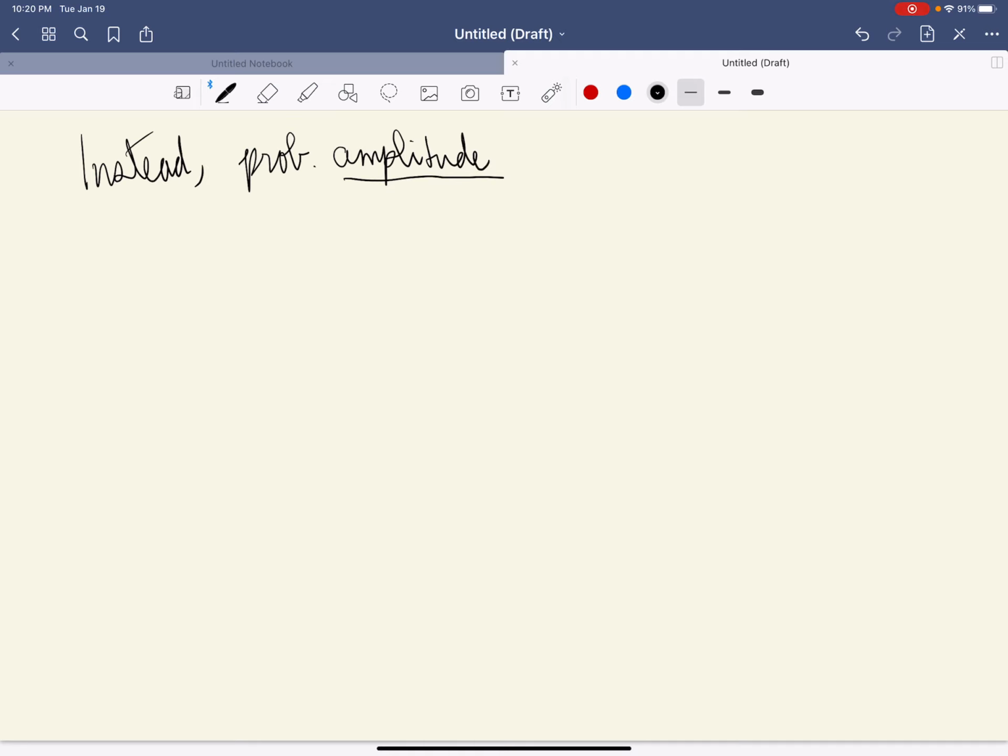Amplitude. And amplitude is some sort of complex number. So this is a complex number consisting of the real part and the imaginary part. And this wave function is somehow supposed to represent the probability with which to find a particle at a certain location.